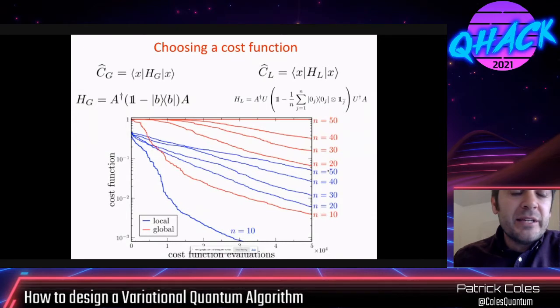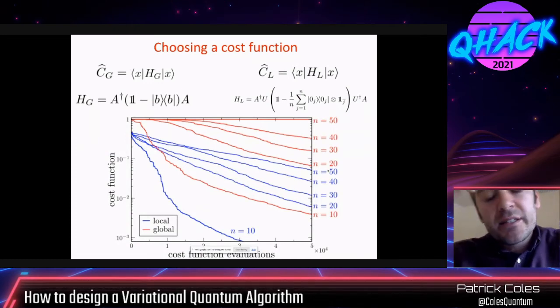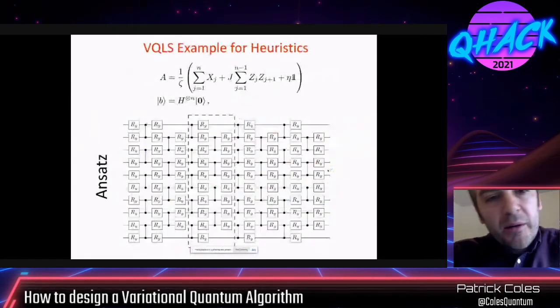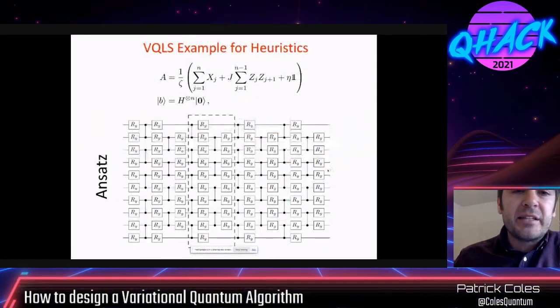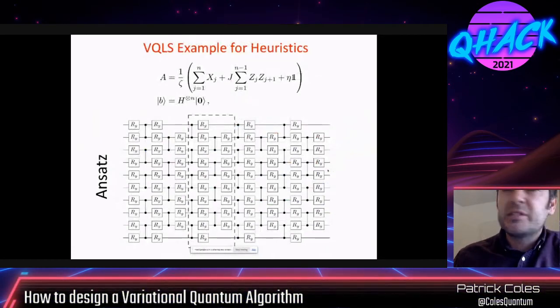Finally, I'll mention that we did some heuristics in order to check the scaling of our algorithm. For our heuristics, we considered a simple problem where A is basically an Ising model with some identity term here. And this was our ansatz, a hardware efficient ansatz.